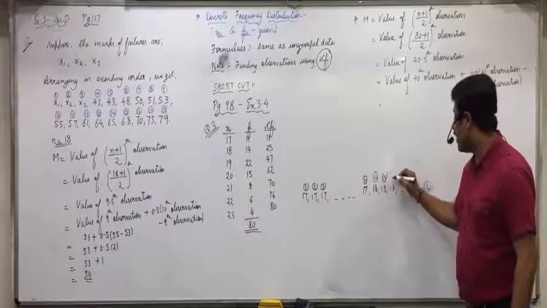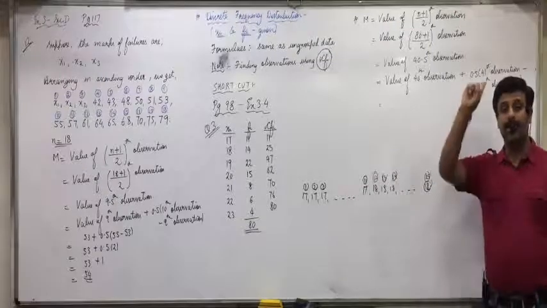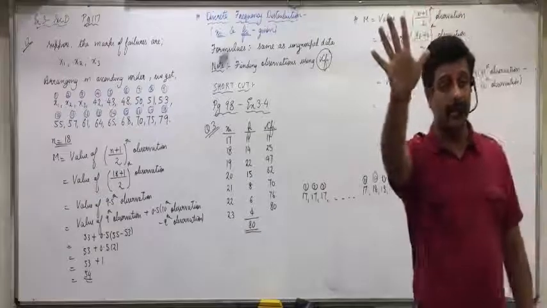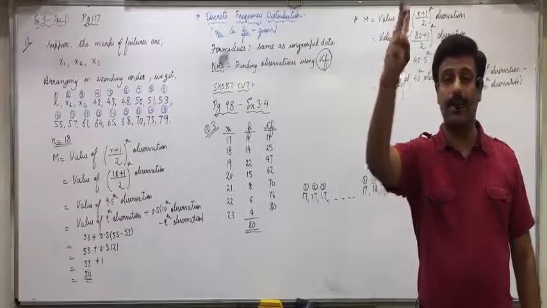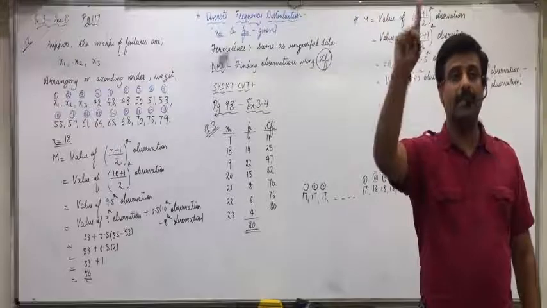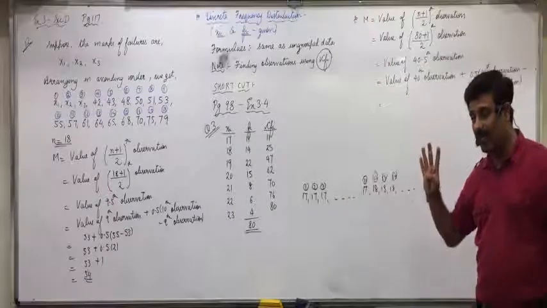So 12, 13, 14, up till 25. So the last number will be 25th.